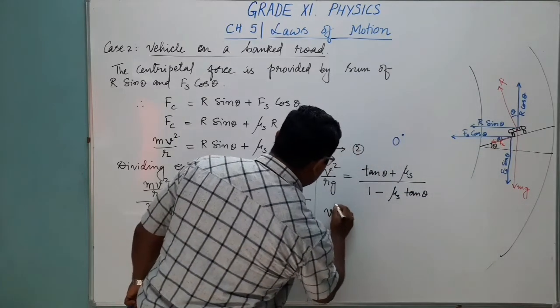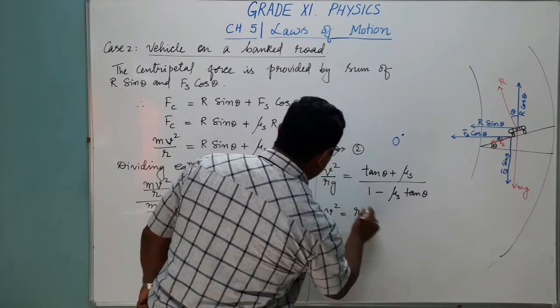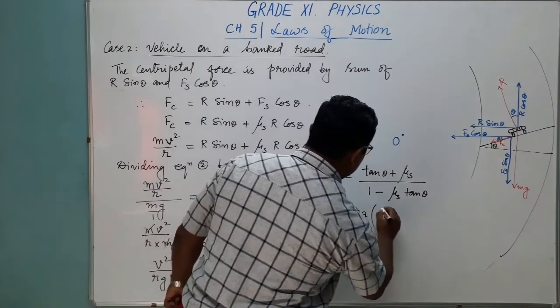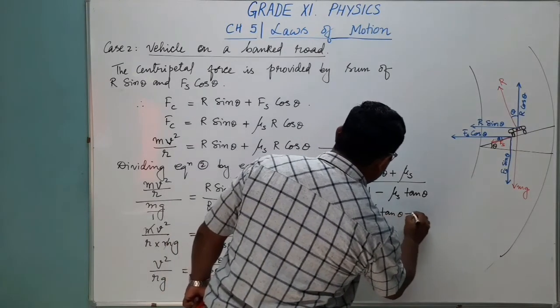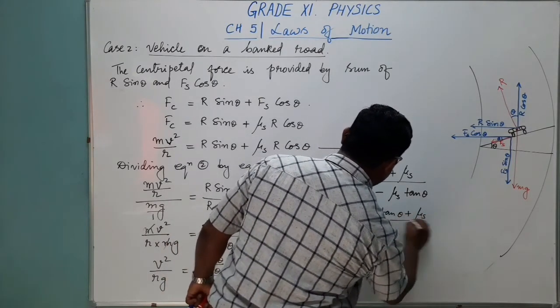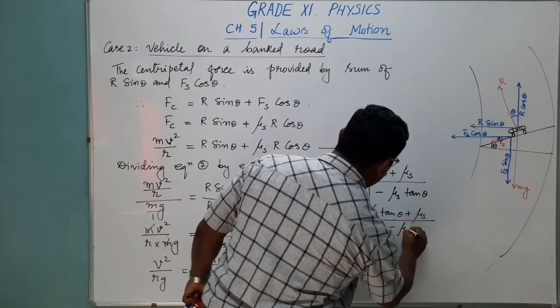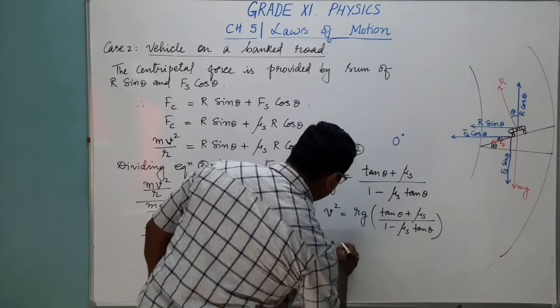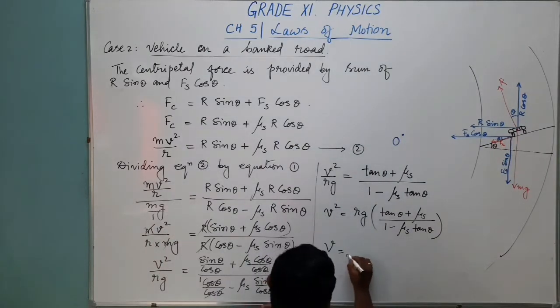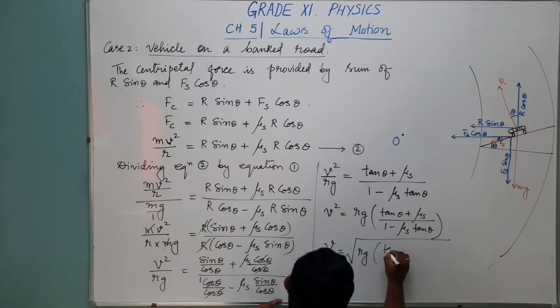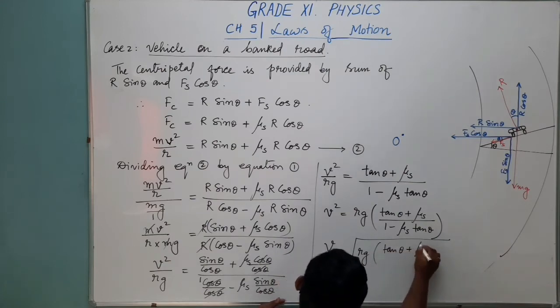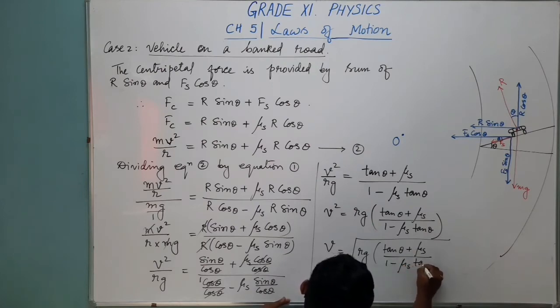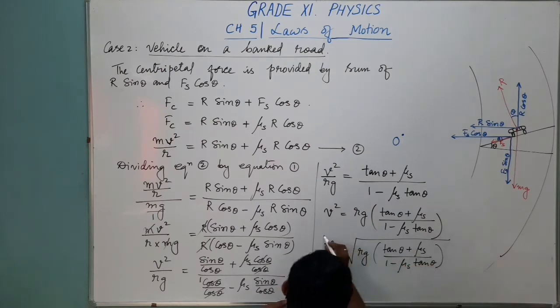Now you can write v square is equal to rg, you can cross multiply here, then it will be tan theta plus mu s divided by 1 minus mu s tan theta. Then v will become square root of rg tan theta plus mu s divided by 1 minus mu s tan theta. So this will be your final expression.